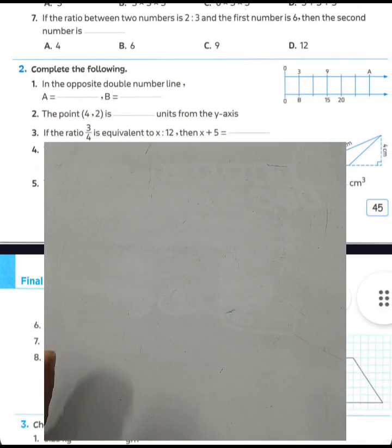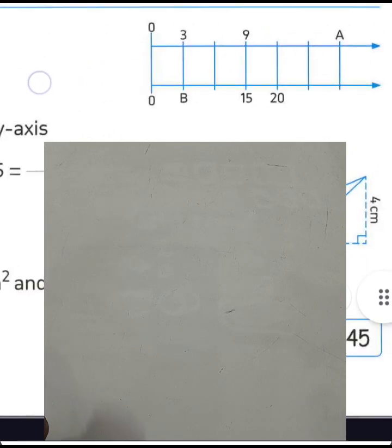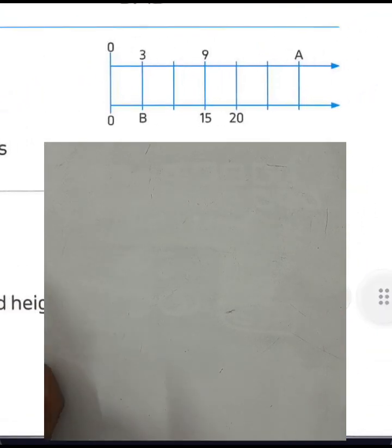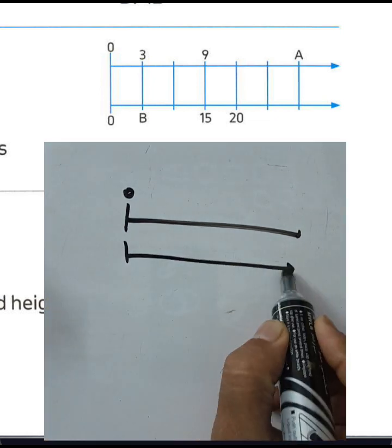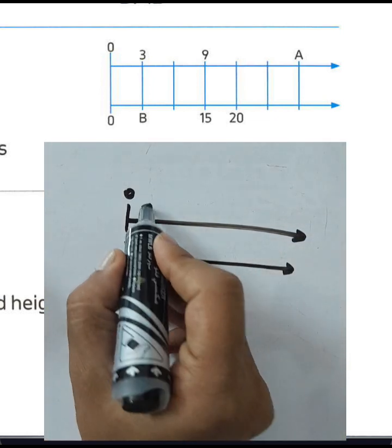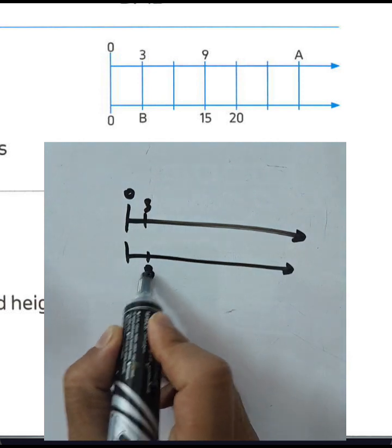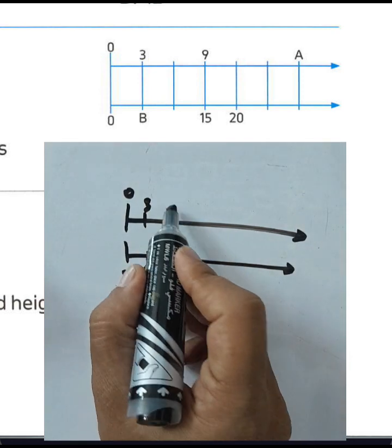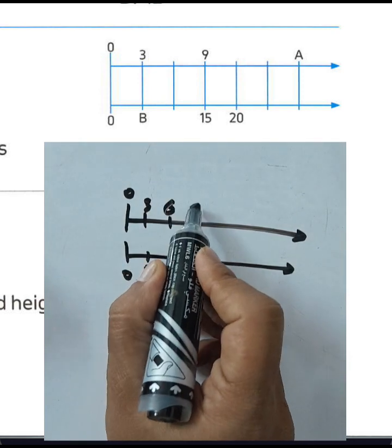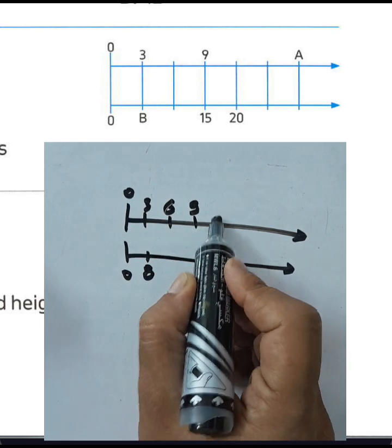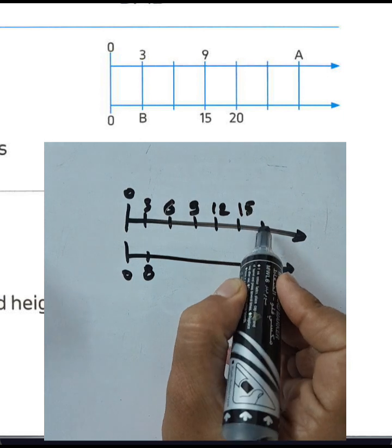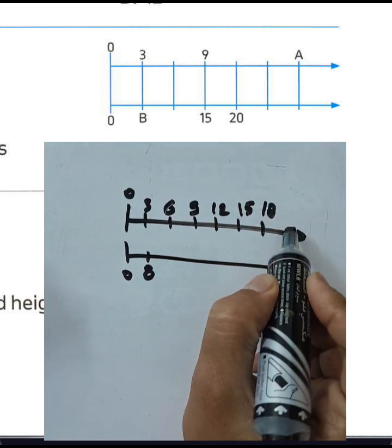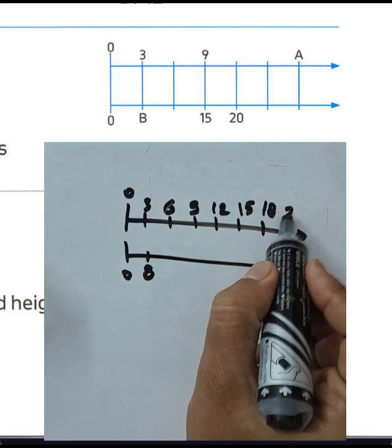In the opposite double number line, we want to find the value of A and the value of B. Look at the double number line here, beginning with 0. 3 plus 3 equals 6. 6 plus 3 equals 9. 9 plus 3 is 12, plus 3 equals 15, plus 3 equals 18. 18 plus 3 equals 21.